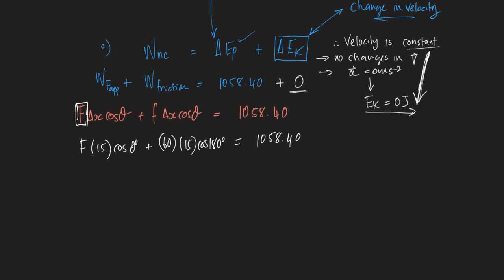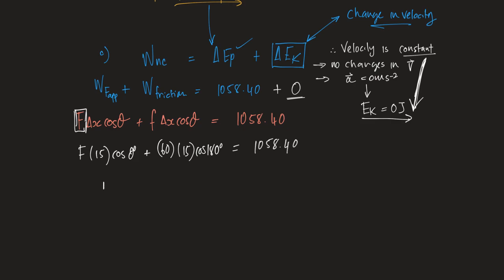Right, the next thing then, I've got 15F minus 900 is equal to 1058.40. And now I've got 15F is equal to 1958.40.